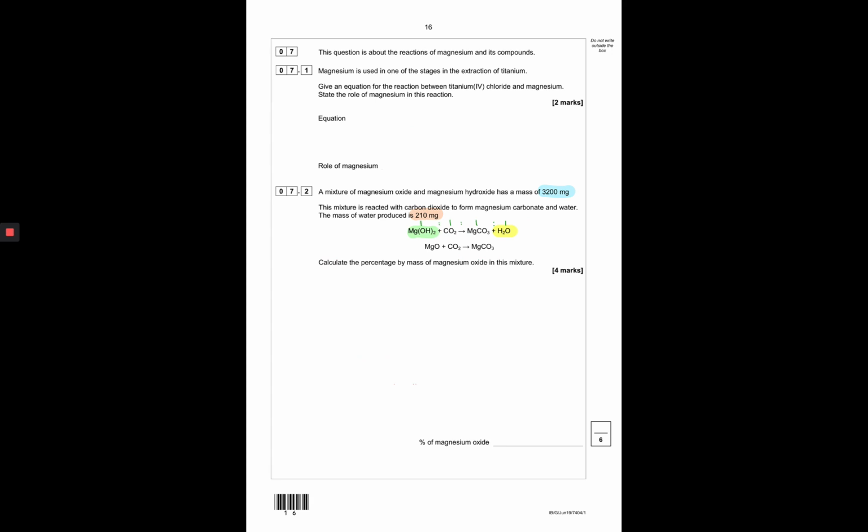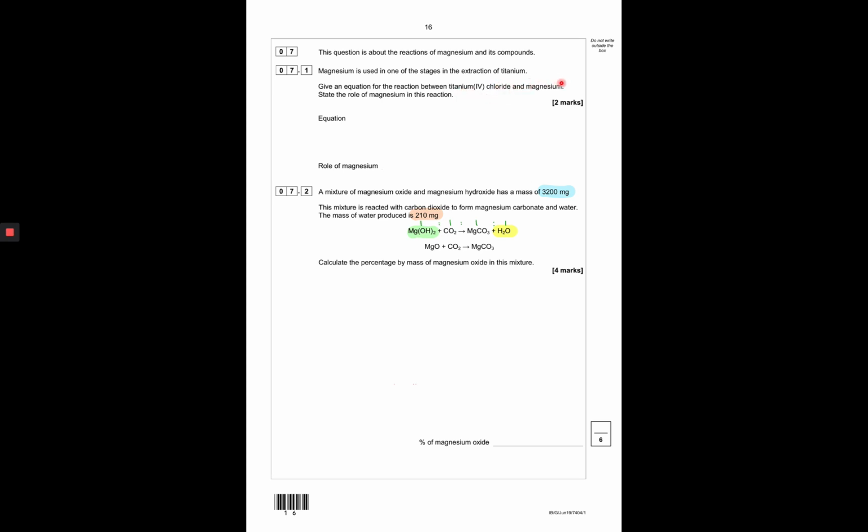Okay, so this one. Now look, they've told you it's titanium(IV) chloride, so there is no excuse for getting the formula of titanium chloride wrong. That Roman numeral 4 is essentially telling you the charge on the titanium, so it's Ti4+. So you're going to need 4 chloride ions.